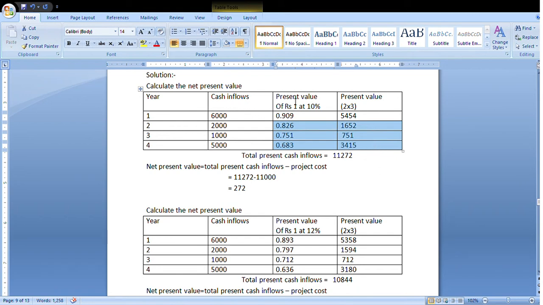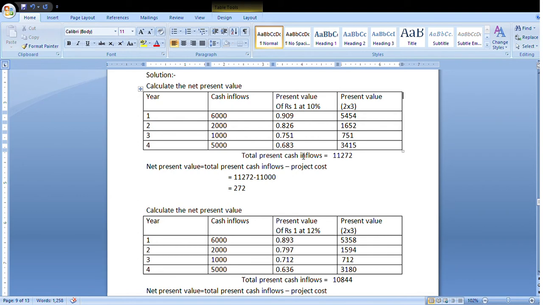Multiply the second and third columns. First year 5,454. Third year 1,652.